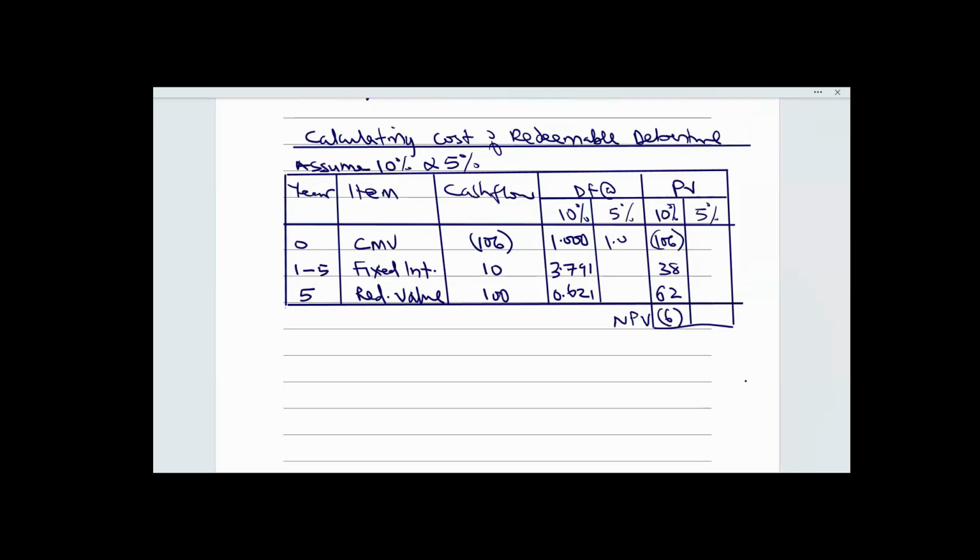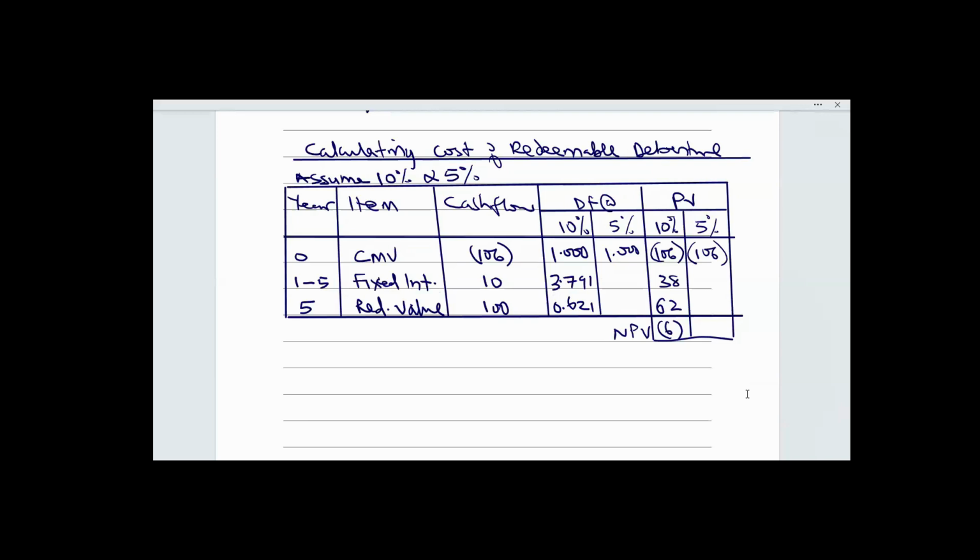All right. The wise student should go ahead and give me annuity factor of year 1 to 5 at 5%. What do you have? Give it to me. Okay.